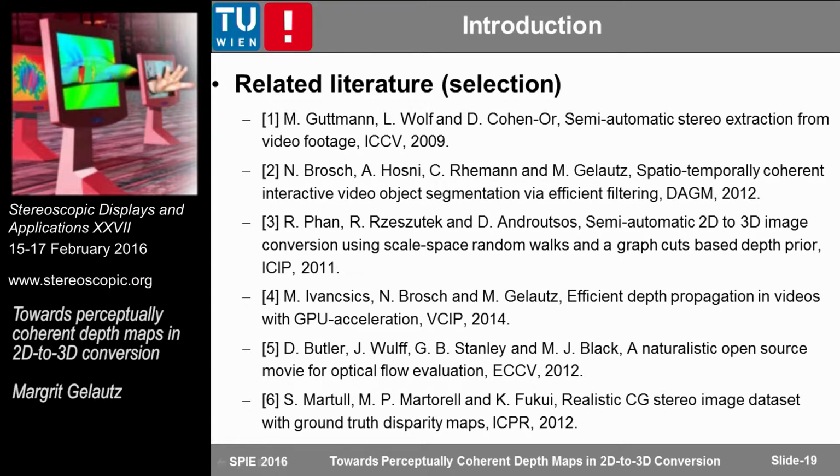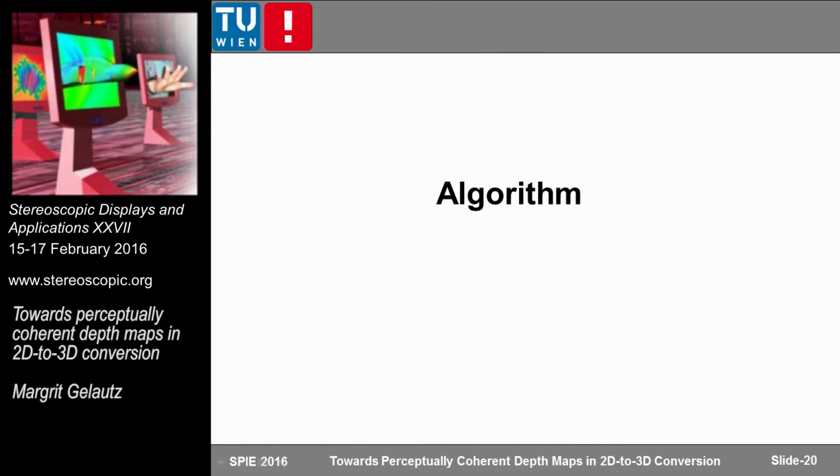There are 3 competing algorithms listed here: reference 1, work by Gutmann, 3 by Fan, and 4 by Ivancic. So we'll compare our results to those 3 algorithms. And the last 2 references refer to data sets that we are using in our tests. It's the Sintel and the new Tsukuba data set.